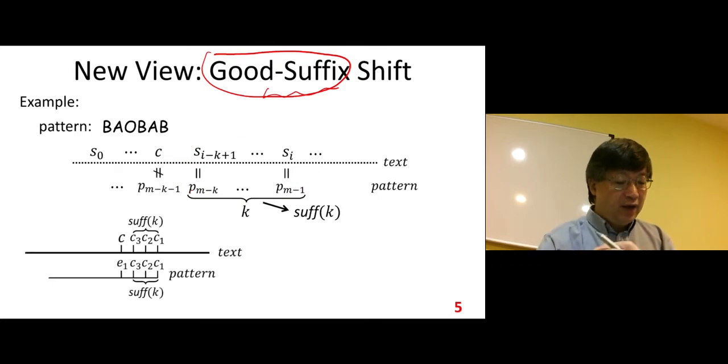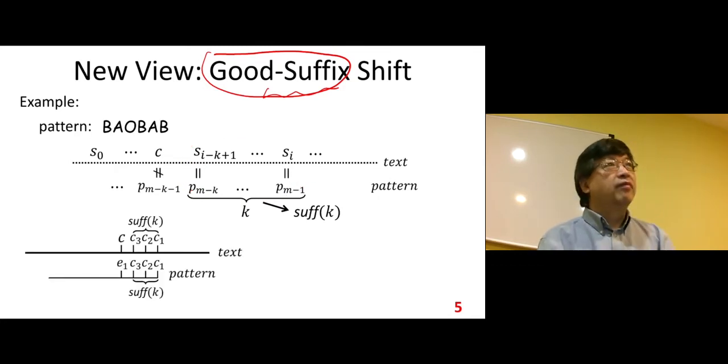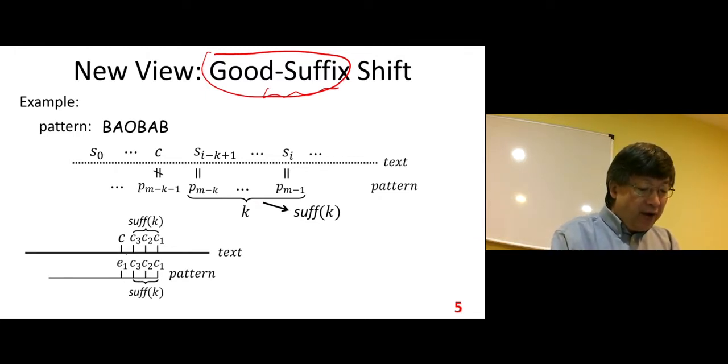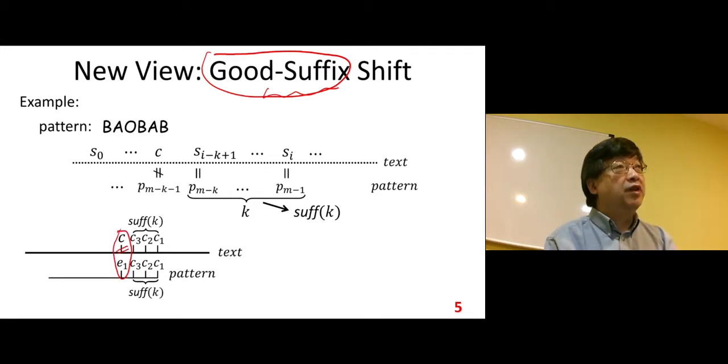So we try to match the good suffix part. Let me draw the typical situation here. The good suffix K, this part. Then one character E1 after the good suffix, and C and E1 are different. If they are the same, we can add it to the good suffix part.